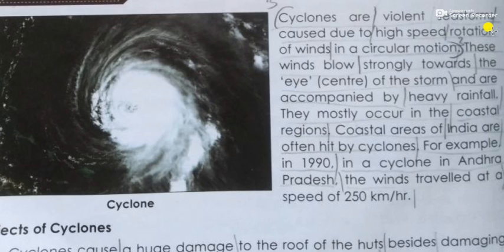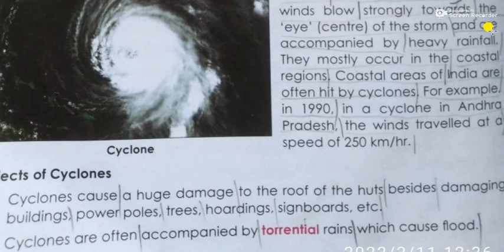These cyclones mostly happen in the coastal areas, the nearby sea areas. In India, coastal areas are hit by cyclones very often. In 1990, in a cyclone in Andhra Pradesh, the winds traveled at a speed of 250 kilometers per hour. It was a very heavy cyclone.